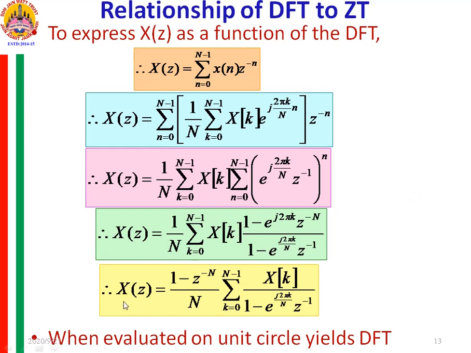Or if you want to find X(z) from X(k), by using this relationship you can find it out. This is how these two are related with each other, DFT and z transform. So the DFT is related with the Fourier transform, the DFT is related with the Fourier series, the DFT is related with the Z transform. You got this, all of you?